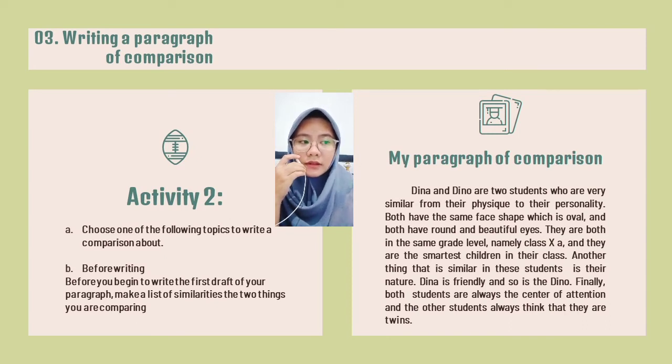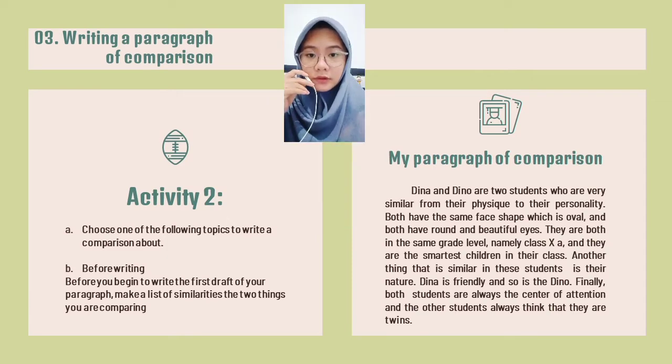They are both in the same grade level, namely class 10A, and they are the smartest children in their class. Another thing that is similar in these students is their nature. Dina is friendly and so is Dino. Finally, both students are always the center of attention and the other students always think that they are twins.